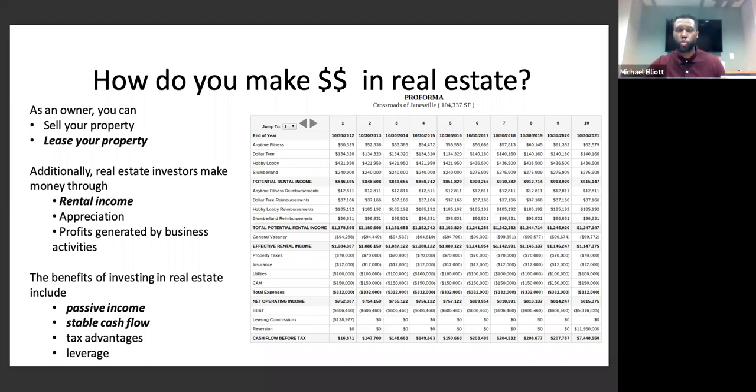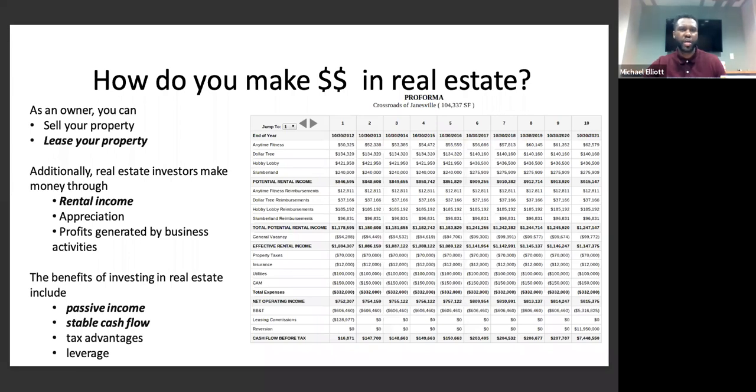Appreciation over time. This is what makes real estate so attractive, though we did have that major housing crisis a few years ago. Again, real estate is relatively safe when compared to other factors as well too. Nonprofits, profits generated from business activities, as well as another way to make money.